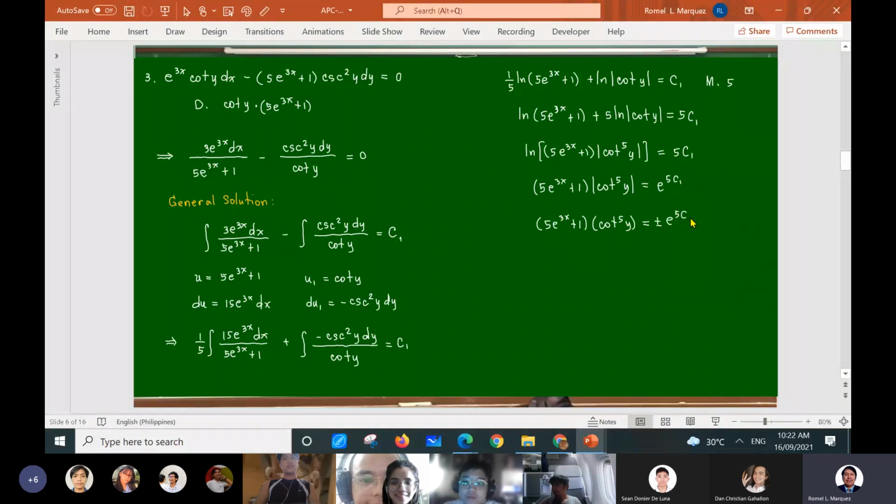Plus or minus e to the 5c1. So I can simplify this. So finally, we get 5 e to the 3x plus 1 multiplied by cotangent to the fifth y is equal to, let's say, c. Okay, that's it.